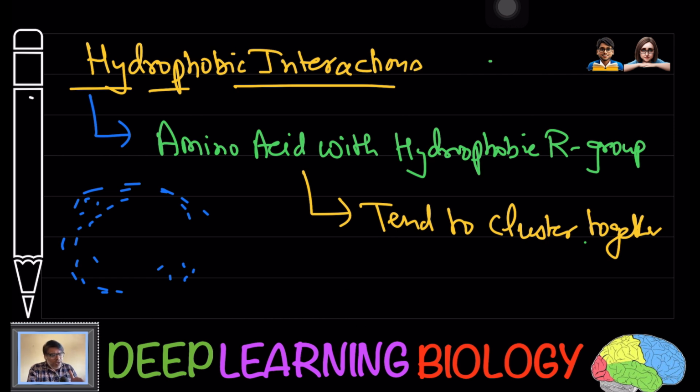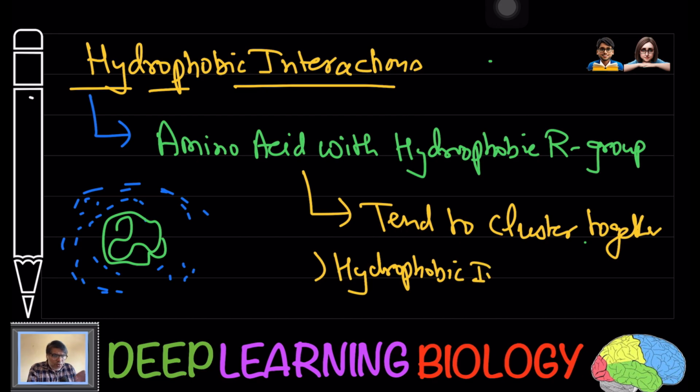Suppose you have a cytosolic protein. Try to think here. Within the cytosol, you have 70% water, a hydrophilic environment. Let's suppose you have a protein, and that protein is going to fold within the cytosol.